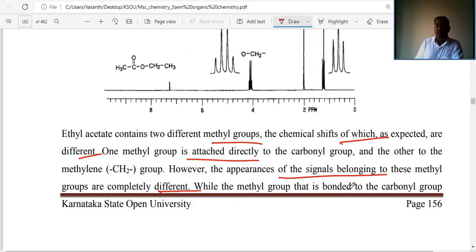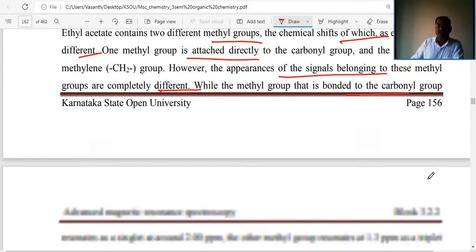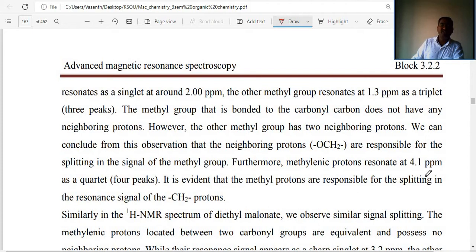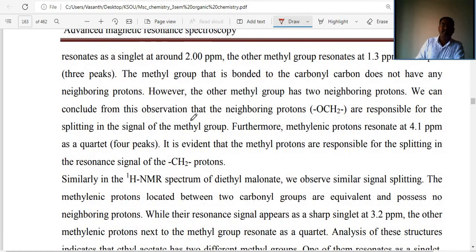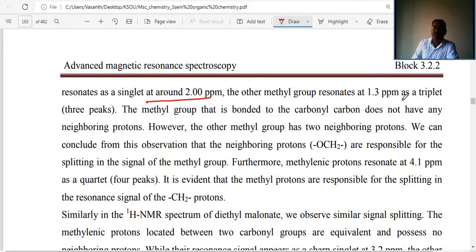While the methyl group bonded to the carbonyl group resonates as a singlet at around 2 ppm, the other methyl group resonates at 1.3 ppm as a triplet peak.